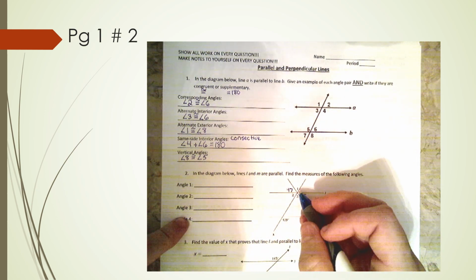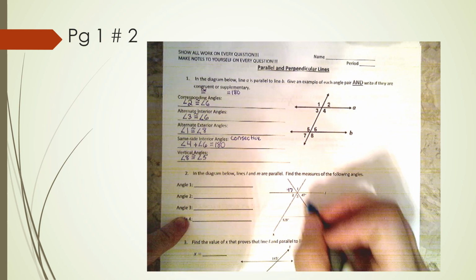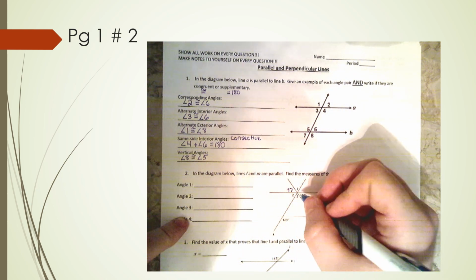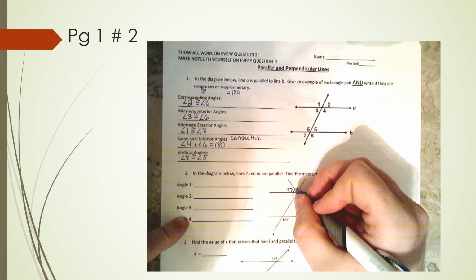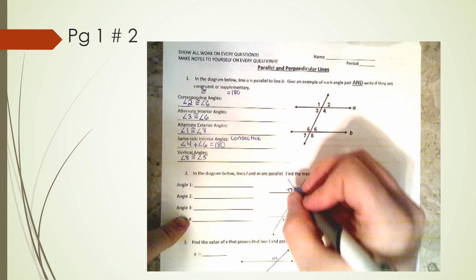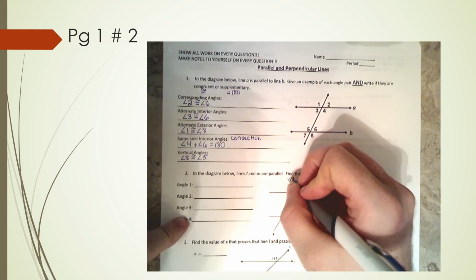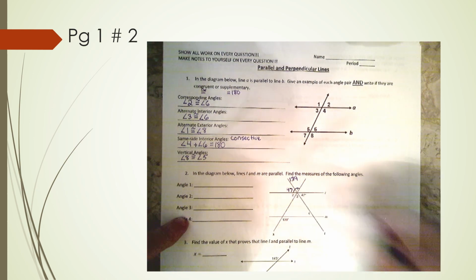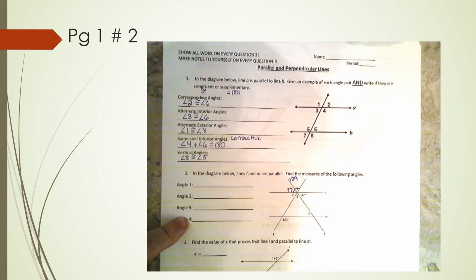Well, if I did my alternate exterior angle, an alternate exterior angle has to be congruent. So the angle from here all the way into angle 1 has to have a total of 139 degrees. Well, this portion is 47 degrees.